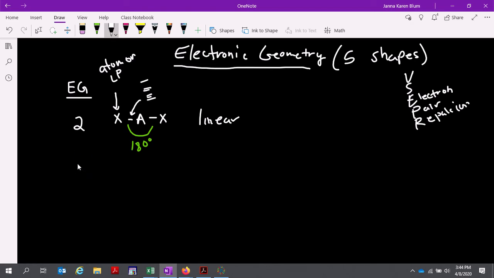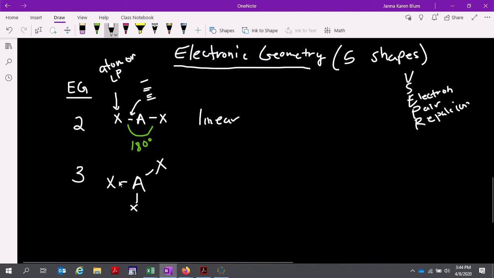So now let's take this out and look at three things as far away from each other as possible. Let me draw that a little more clearly here. So if we're thinking about three things as far away from each other as they possibly can be, they end up at the corners of an equilateral triangle.